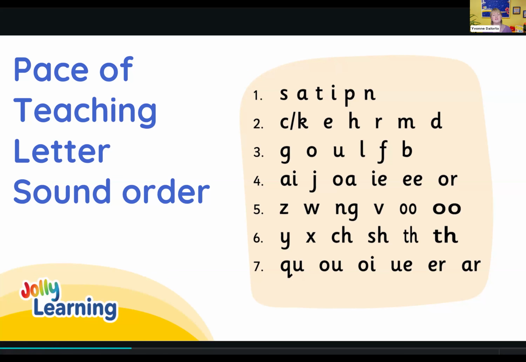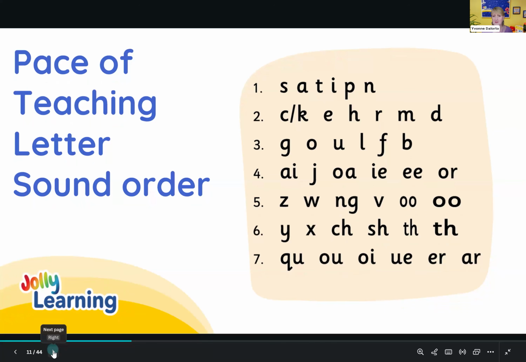So we stick with 42 sounds and we do the other two as they move on. So there are 44 sounds, but we make sure that these are all secure. And as many of you know, we have them in this order for a reason, so that children can start to read and use CVC words pretty easily and quickly. And they do, with success.